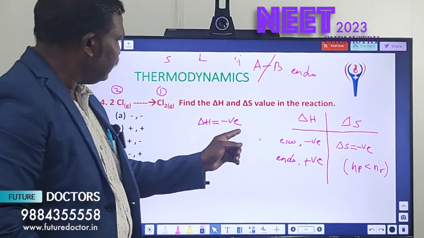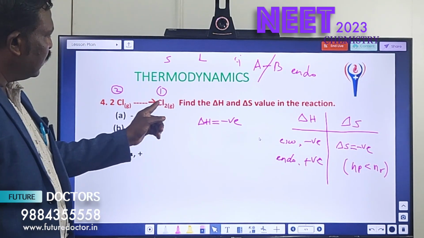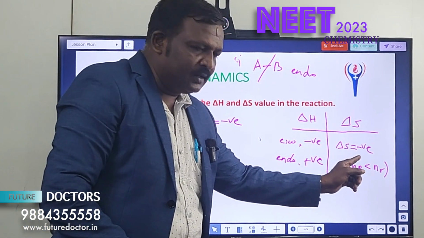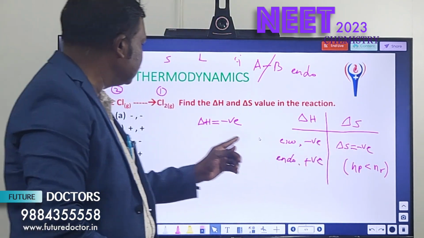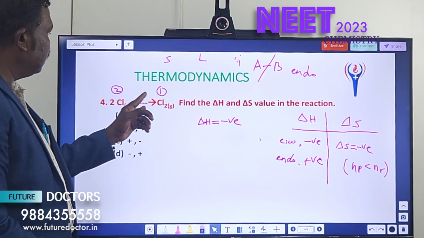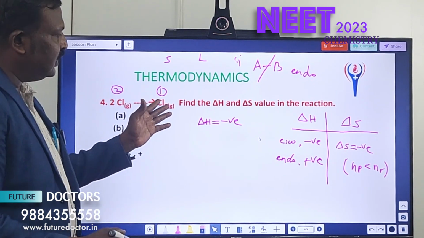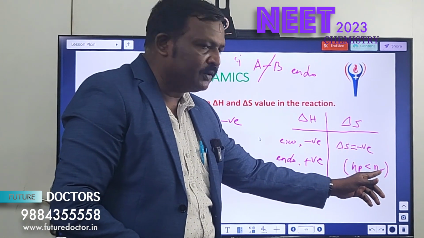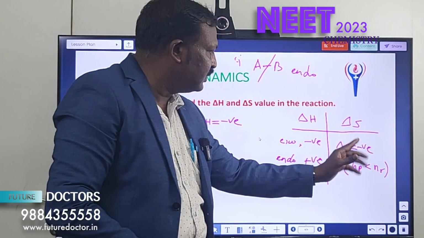Here 2 particles are there on the left, 1 on the right, so number of particles decreases means del S is also less than 0. Suppose there were more particles on the right, it would increase. Number of moles of product is less than number of moles of reactant means del S is always negative. Just remember this.